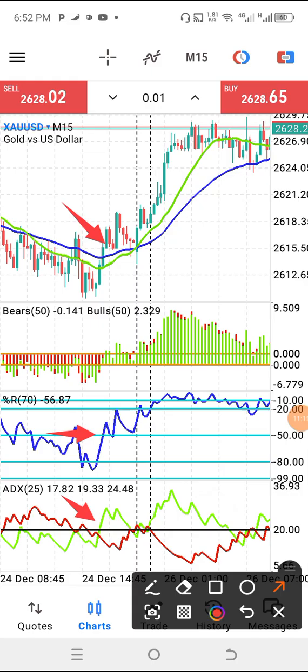Then we started noticing our bars are printing above our level 0, both the bear and the bull bars, indicating that there's momentum for buy. This is an instance where you should open a position with confidence and put your stop loss at the swing low.